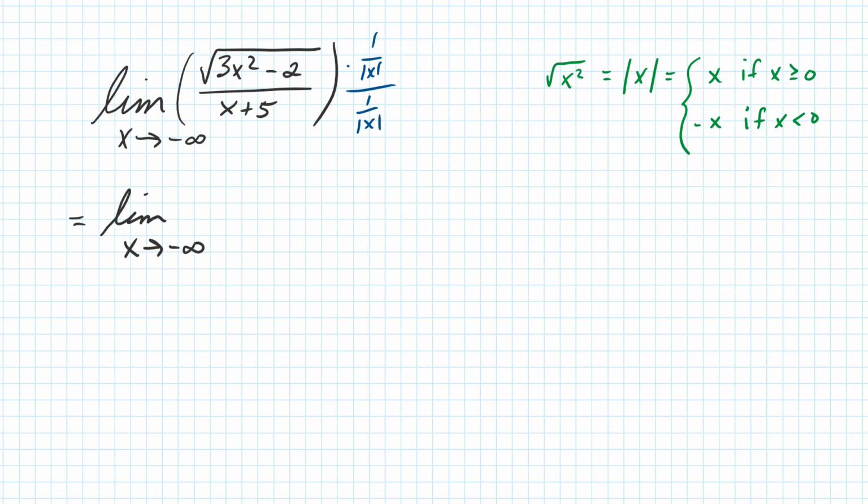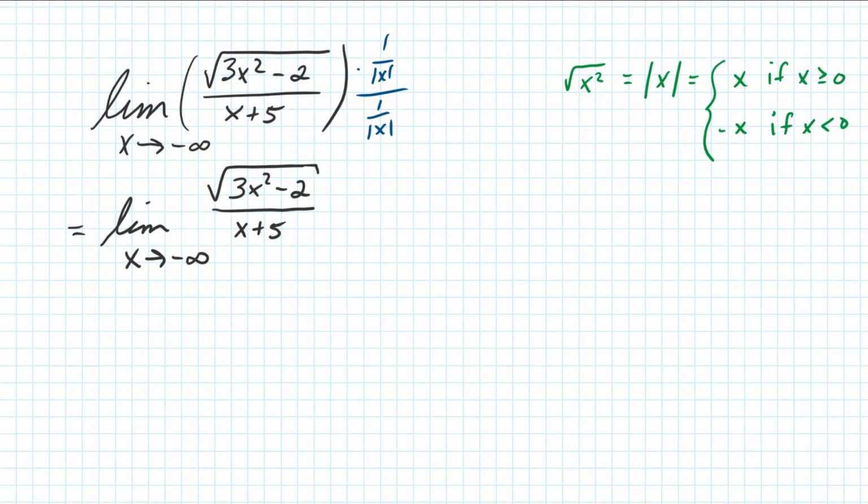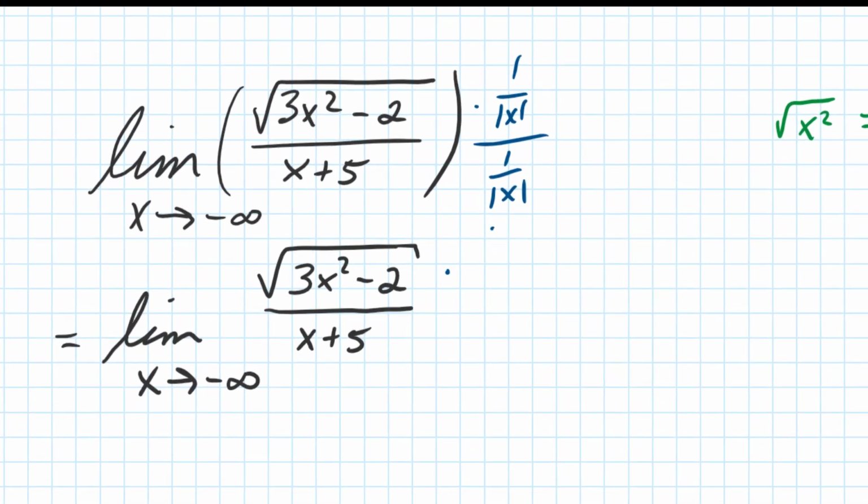X tending to negative infinity sort of guarantees that in the end, our x values are actually going to be negative. And that's important here because for the numerator, we're going to choose the version of absolute value of x, we're going to choose square root of x squared.